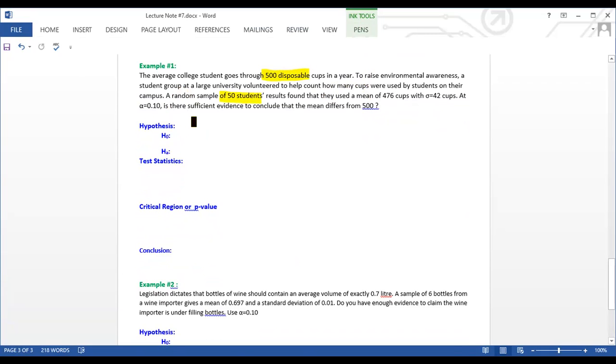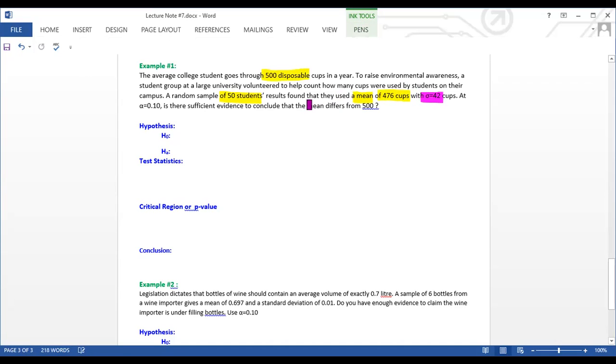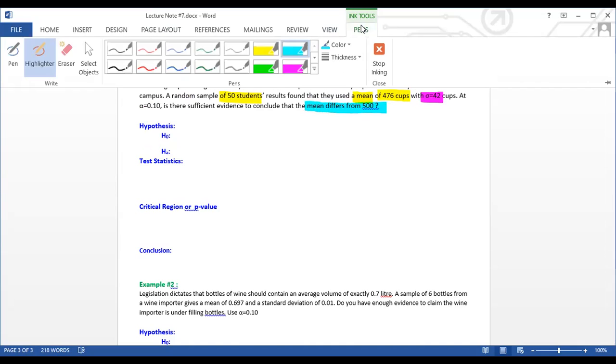A random sample of 50 students, they find a mean of 476 cups, with sigma 42, all right? At alpha equal to 0.1, is there sufficient evidence to conclude the mean is different from 500 cups here?